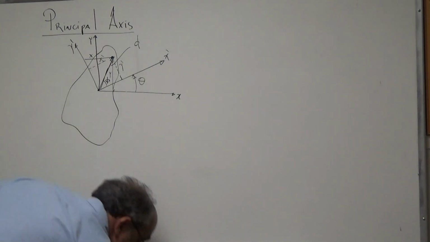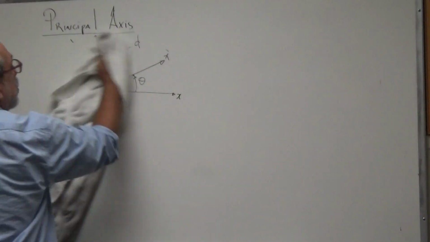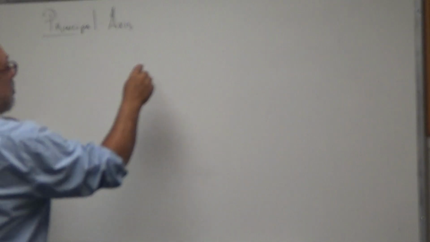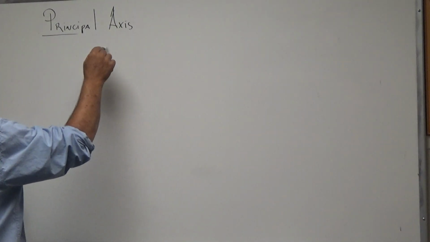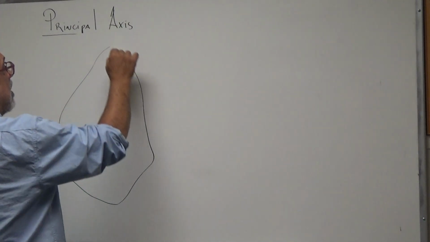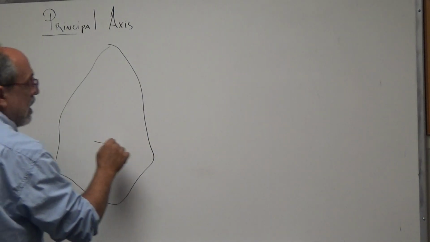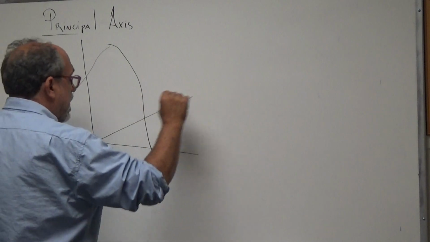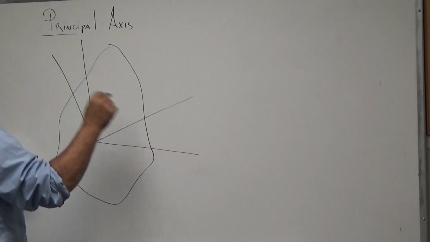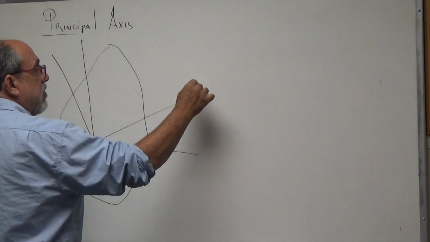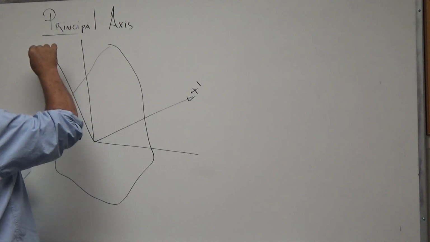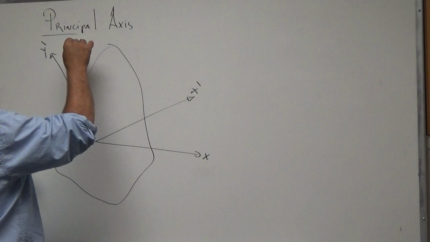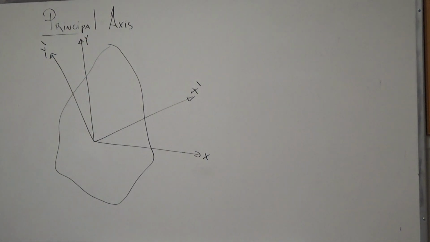I'm going to do it again because I want it to be very clear for you. So I'm going to take the whole board over on this side and make this even bigger. Here is the axis, and here is the rotated axis. This is x prime, this is y prime, this is x, and this is y.